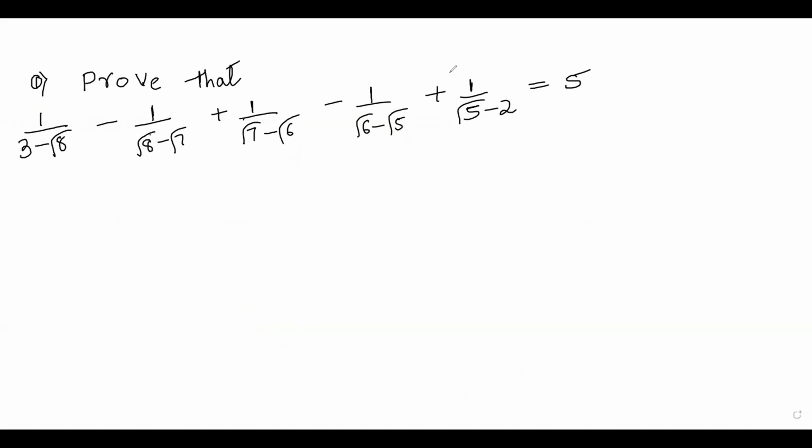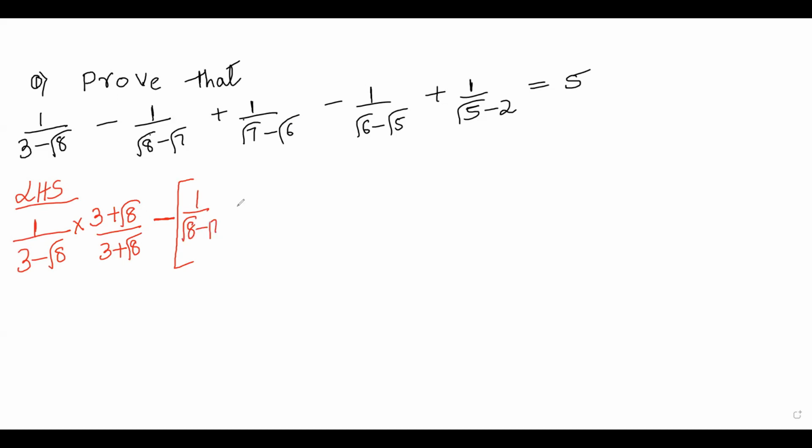Let's start the solution. I have taken left hand side. I am starting rationalizing each term. So the rationalizing term is 3 plus root 8. So we should multiply and divide with 3 plus root 8. Whenever you have minus, please try to put a bracket. What is rationalizing factor of root 8 minus root 7? It is root 8 plus root 7, multiply and divide.